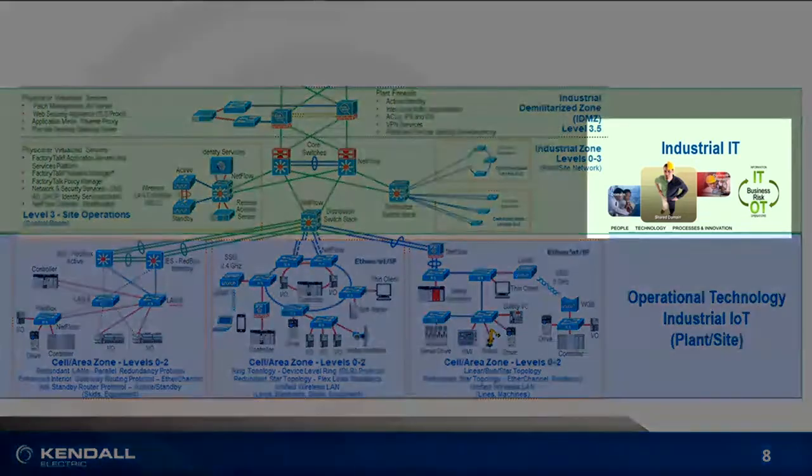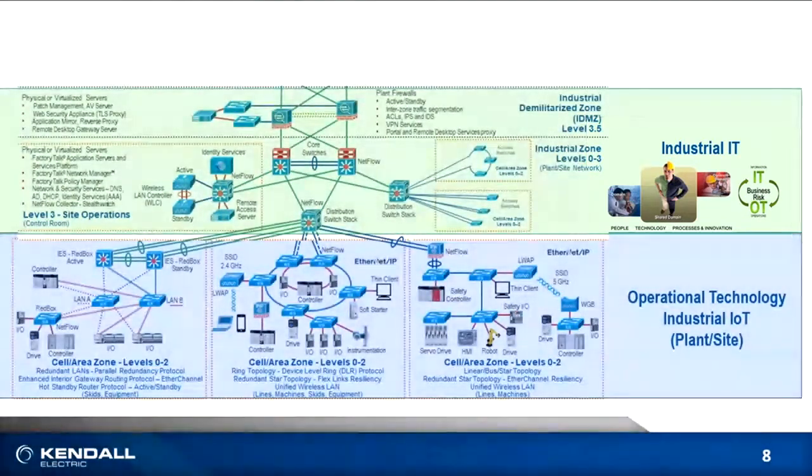Next, you see the industrial IT. Typically, what you're going to find at this level is your FactoryTalk application services platforms, maybe the network manager. You're going to have your virtualized or physical servers here.